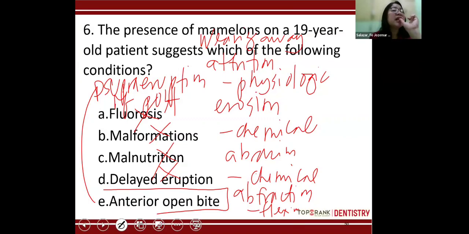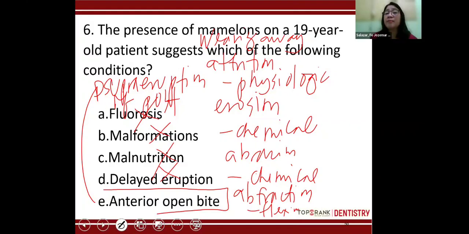Yung anteriors natin, lalo na kung long duration, yung posteriors natin, magsusupra-erupt yan kasi they will find their contact, diba? Their occlusion, kaya magsusupra-erupt. So there will come a time na hindi na magko-contact yung anteriors because of supra-eruption of posteriors. Yes, mouth breathing can also lead to anterior open bite.